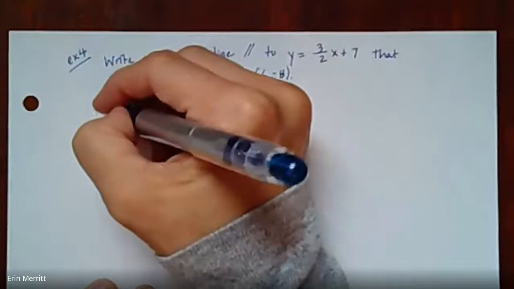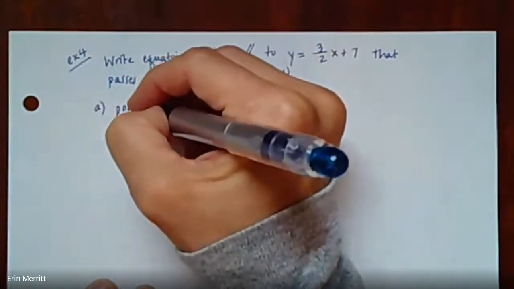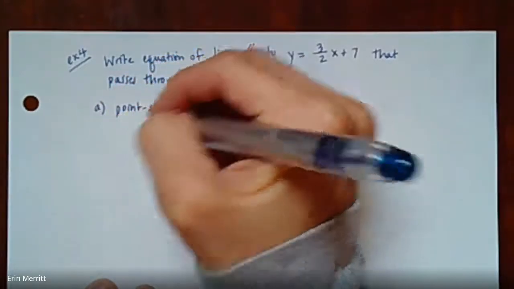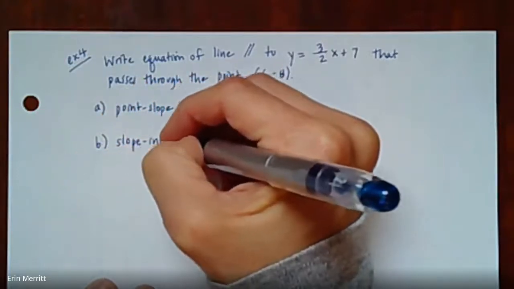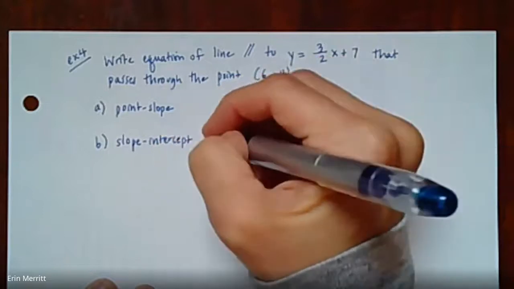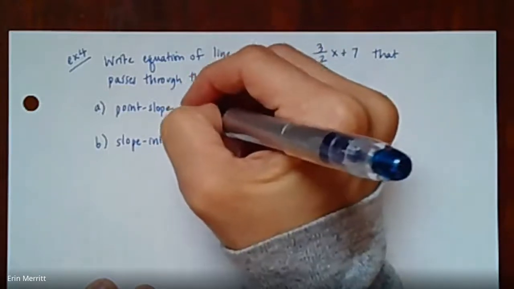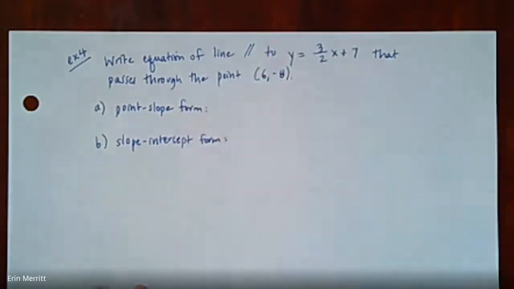Just like last time, I want to see it in point slope form, and then part B in slope intercept form. If you need a second to think, pause the video, try it, and then unpause.